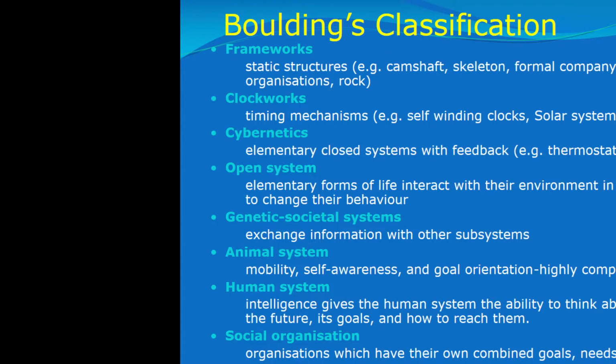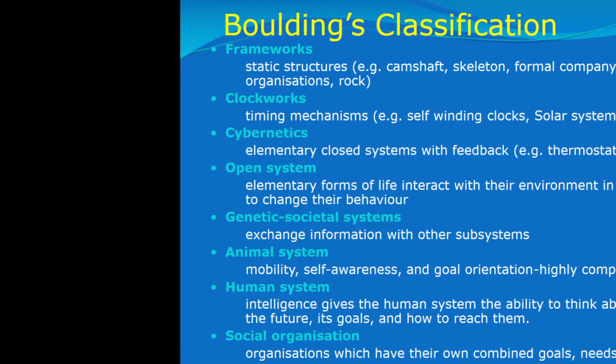He classifies systems into 9 types, and this classification is shown on this slide. According to Boulding's classification, we have systems as frameworks. Examples are static structures, skeleton, formal company organizations, rocks.